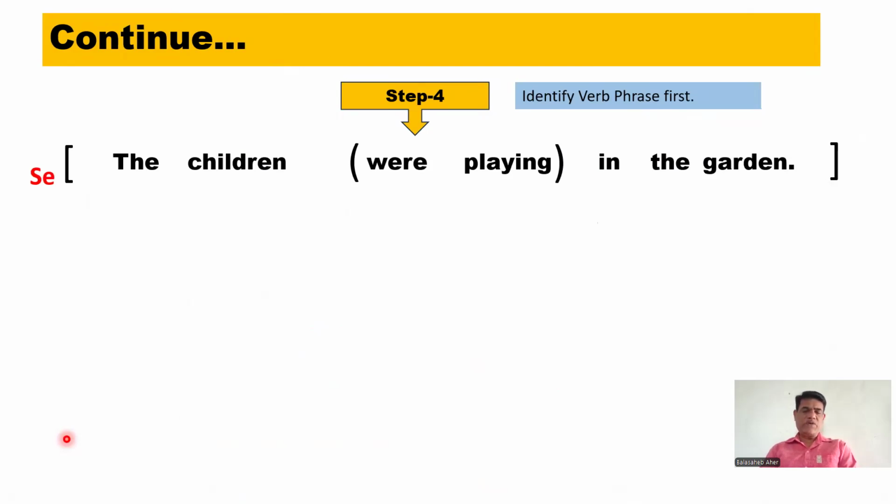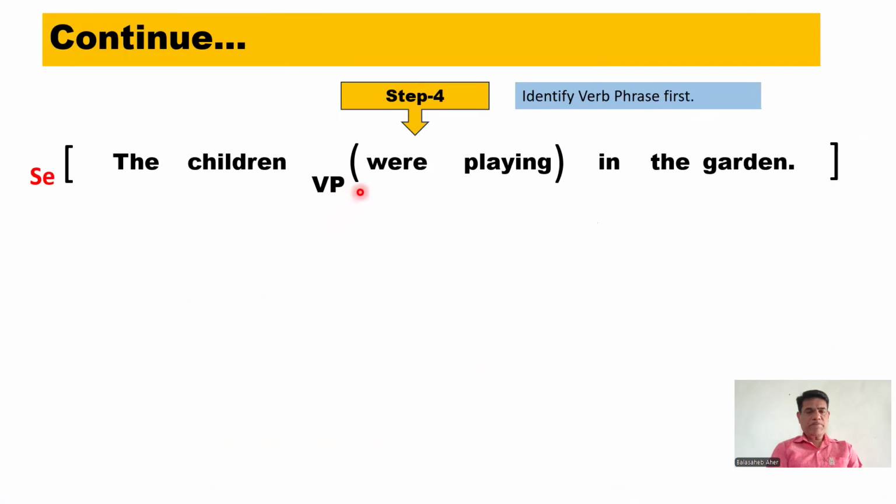And now we have to give form and function labels to this verb phrase. As we know that this is a verb phrase, let us give it a form label as verb phrase. And you know that form labels are given below the phrase or the word. That is why verb phrase is given here below the phrase.